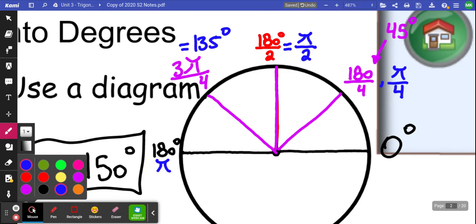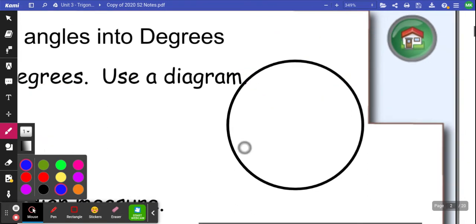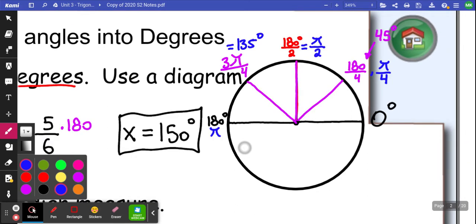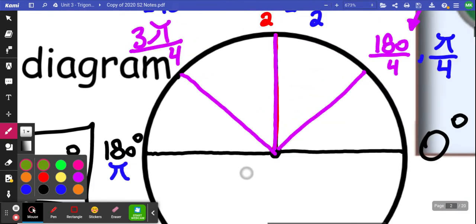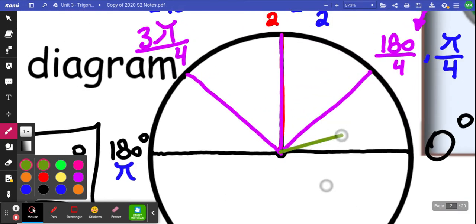Okay, I'm going to do one more so that you can see visually how we know what 150 degrees is. We're going to take that top piece and we're going to break it into sixths. So 6 pieces. I'll use green. Hopefully that stands out. So if I was to divide it into sixths, it would be a line here, a line here, a line straight up.